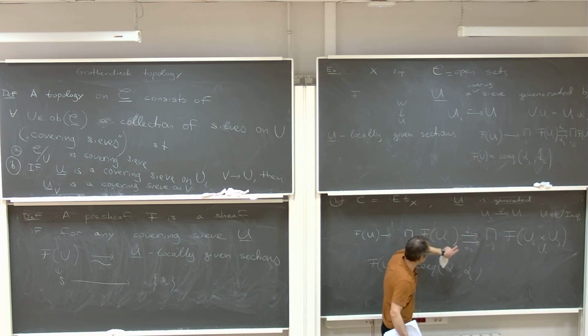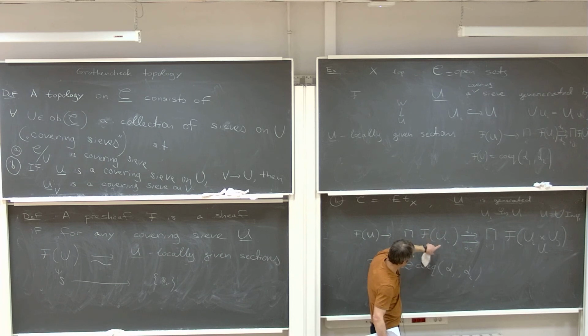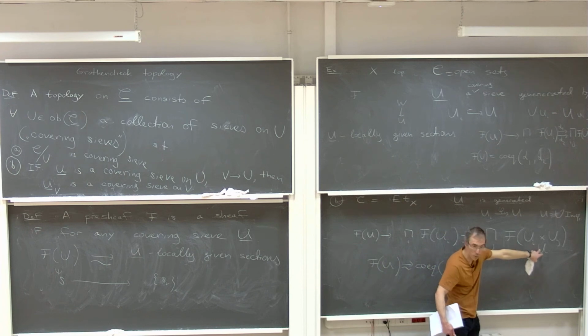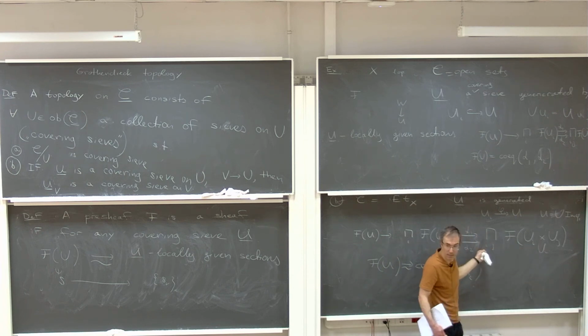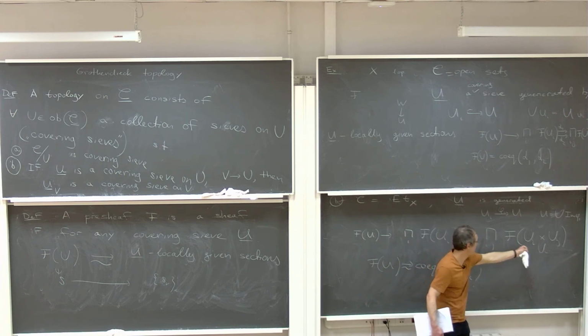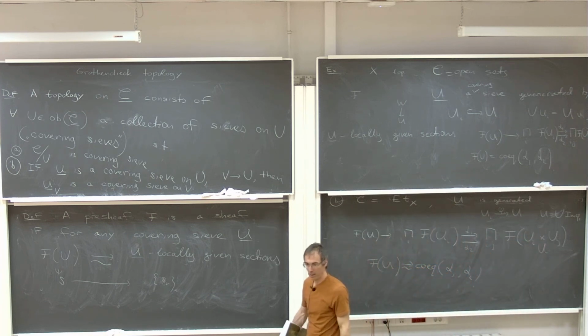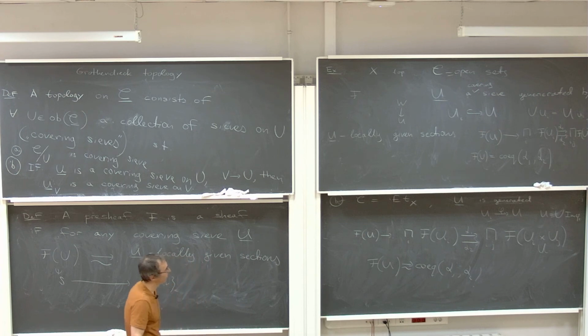I can take a single U1, and this is U1 times U1 over U. The two maps are different in general; the projections are not equal. It's the fiber product.